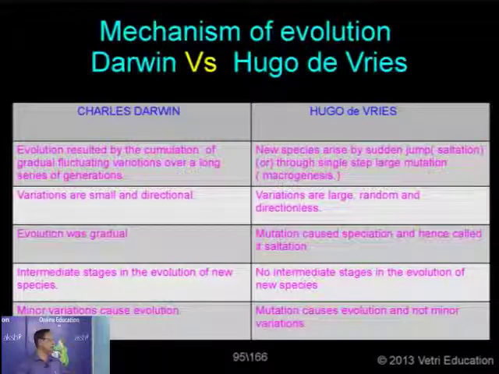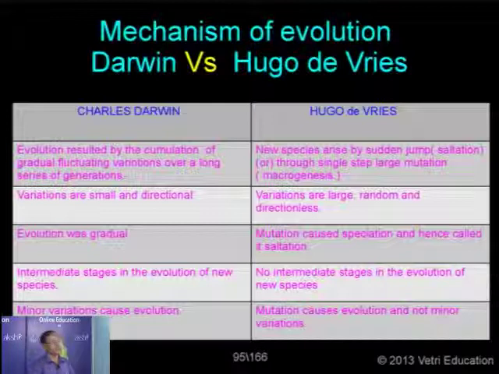Now, according to Darwin, as per the first difference, evolution, the formation of a new species, is because of gradual fluctuating variations over a period of time. So it took more time, not one or two years, sometimes millions of years, for the formation of a new species.